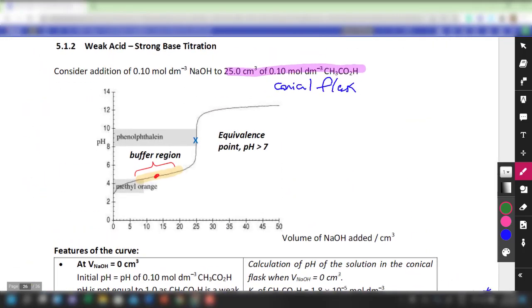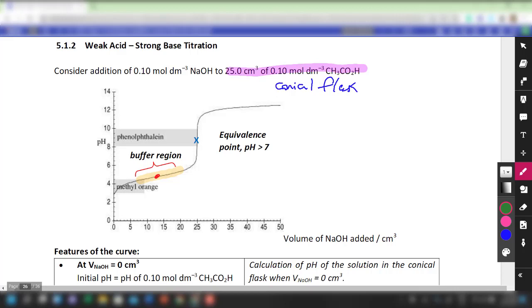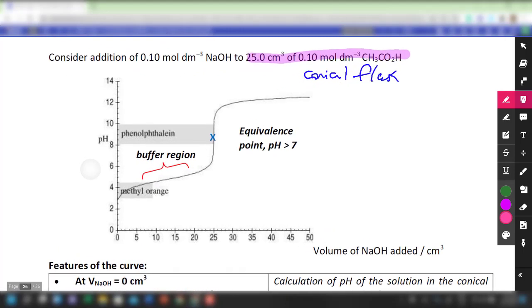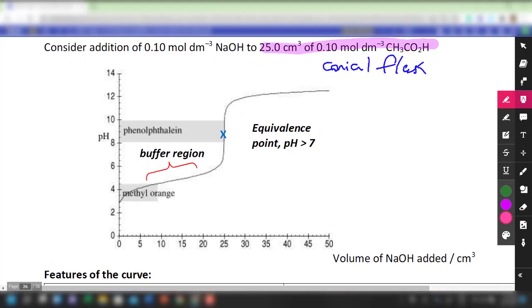Okay, so if you watch the videos which I've uploaded regarding calculation of the main points in a titration curve, I can just summarize it over here. While there are 4 main points we wish to calculate in our titration curve, you don't have to calculate all the points at any one point in time, depending on the question.